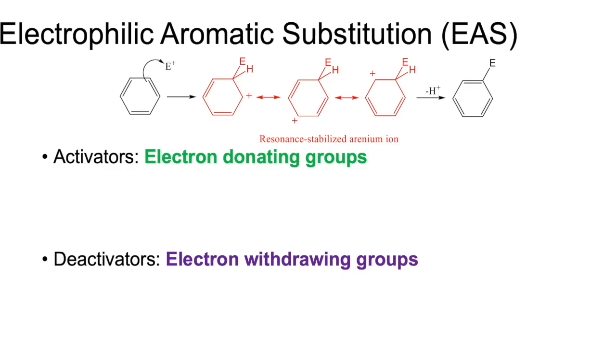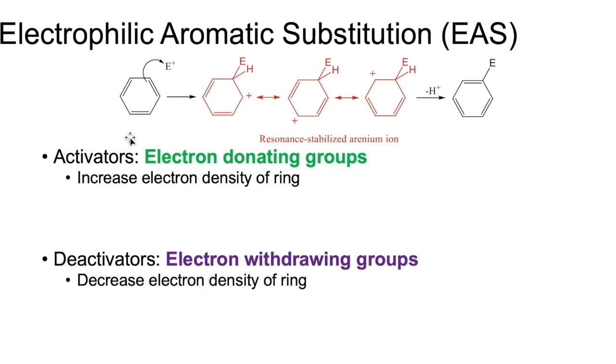If whatever's on the benzene ring is an electron donating group, then that's called an activator. If whatever's on the ring is an electron withdrawing group, then that's called a deactivator. Activators increase the electron density of the ring, and deactivators decrease the electron density of the ring. This is important to know because electrophilic aromatic substitution goes through a carbocation intermediate.